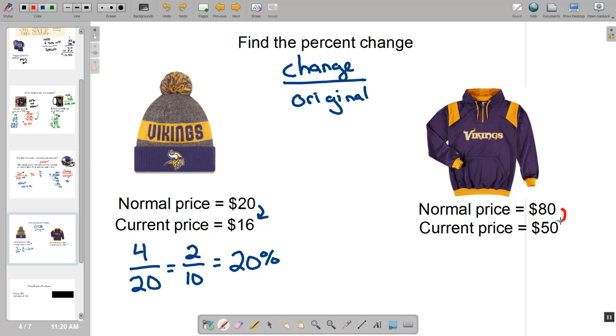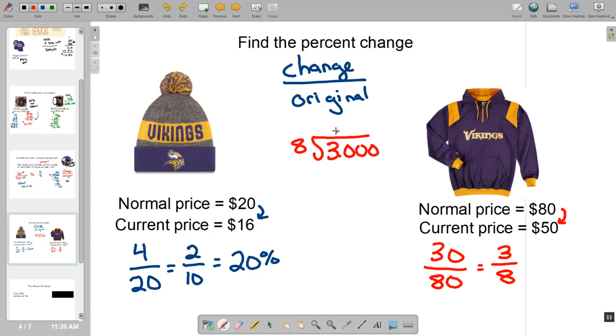Once again, from 80 to 50, we are decreasing by $30, and the original price was $80. So I end up getting 3/8. Well, that's not one of those benchmark fractions, so we have to do long division. So I'll do 3 divided by 8.